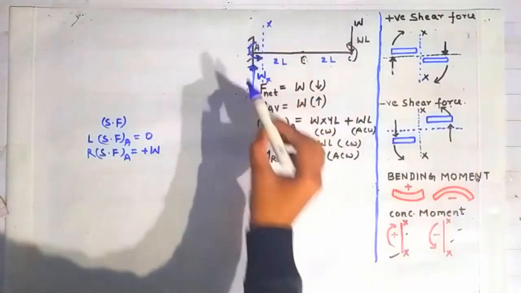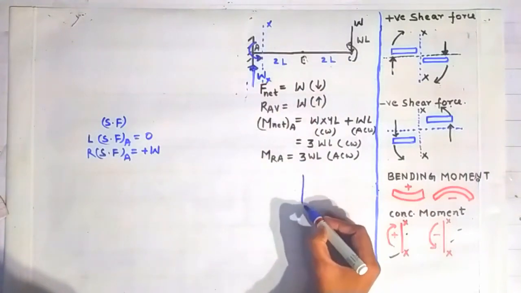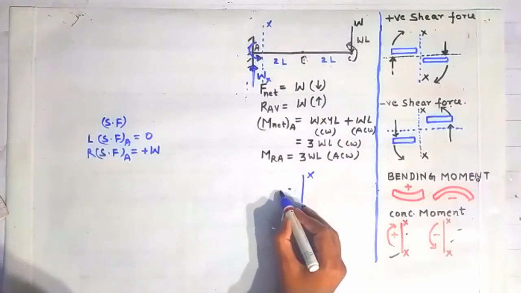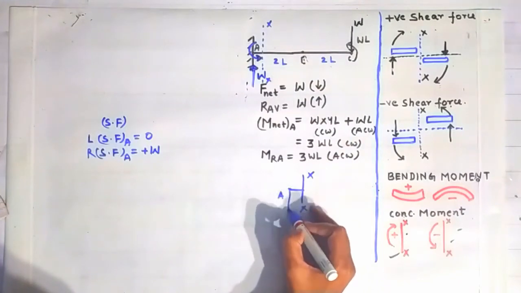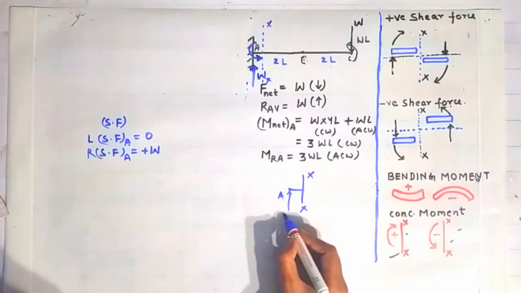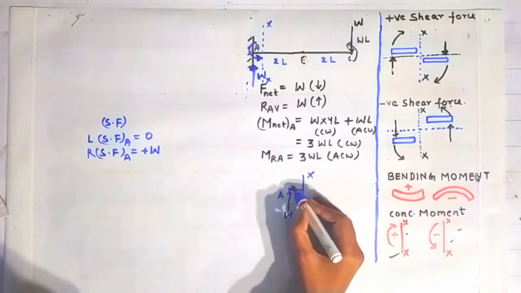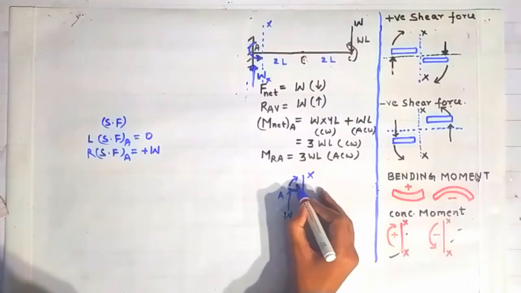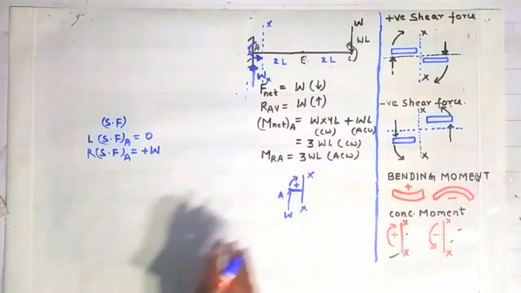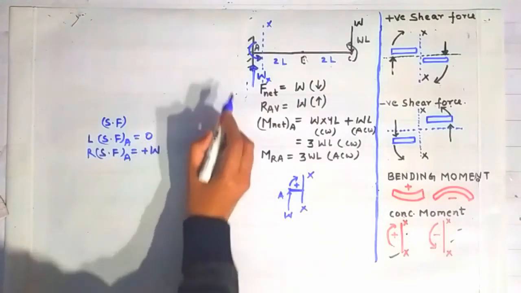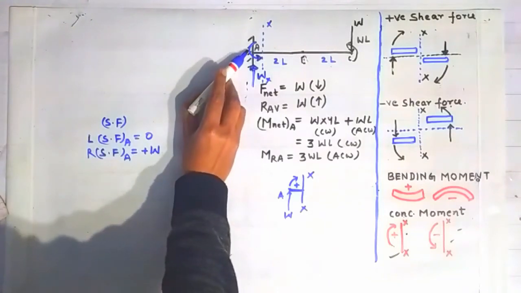Suppose this is the section XX, I am drawing the section here, and this was our point A, and this was the reaction acting over this point A, that is W. Then it is rotating this beam element lying between point A and this section XX in which direction? Clockwise direction. That's why it is taken as positive. So this is coming to be plus W.